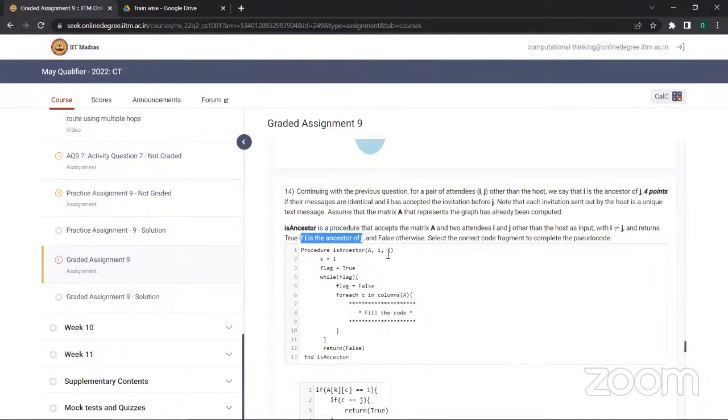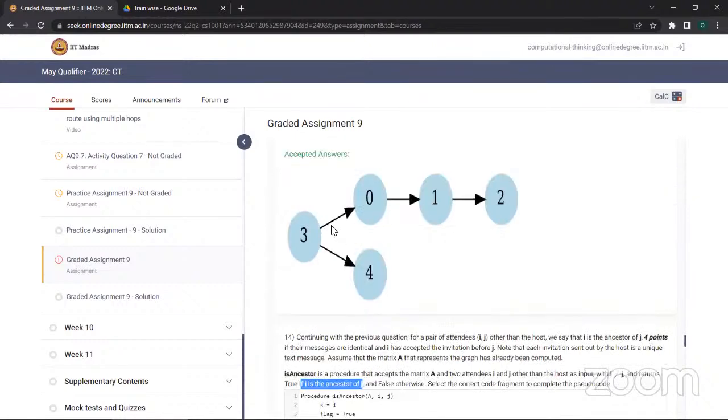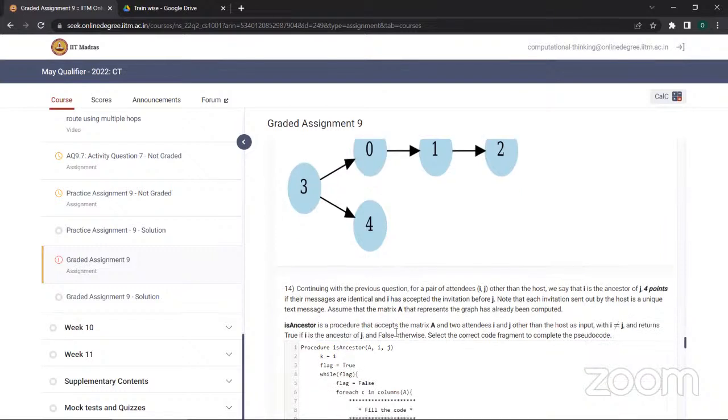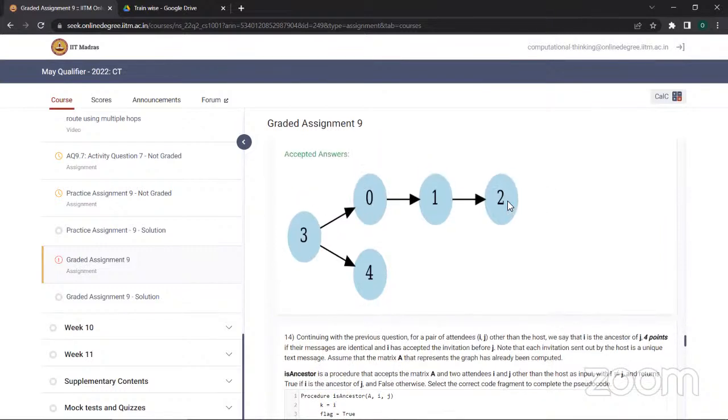Yes, sir. Correct. So as per this, 0 is the ancestor of 1. How do you know that? Because there is a path from 0 to 1. 1 received a message from 0. So for I, J in that case, it should return true. At the same time, what about 0, 2? 0, 2 are also ancestors, sir.